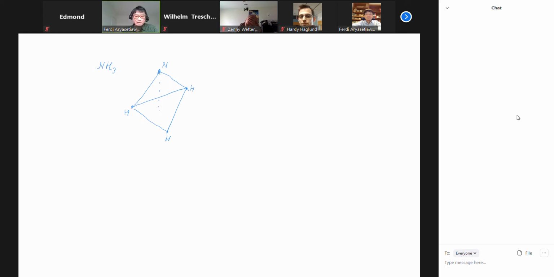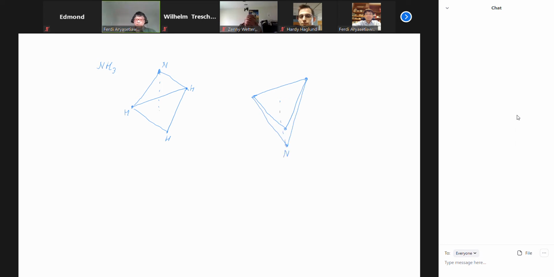If you look at the structure of this molecule, then there should be another form, another structure in which the nitrogen lies down here, like this.